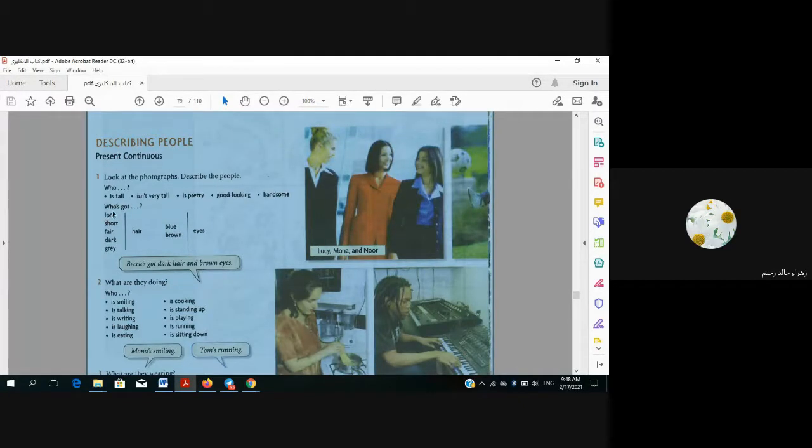Yes. Who's got dark hair? Dark hair. We have Mona and Noor. Who's got brown eyes? Suppose that Lucy has got brown eyes.